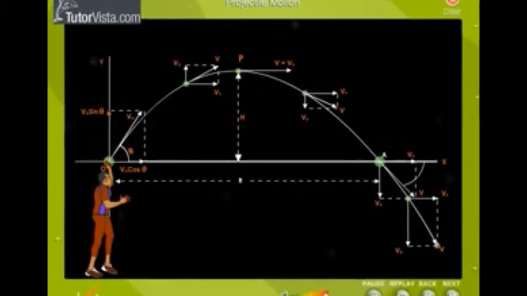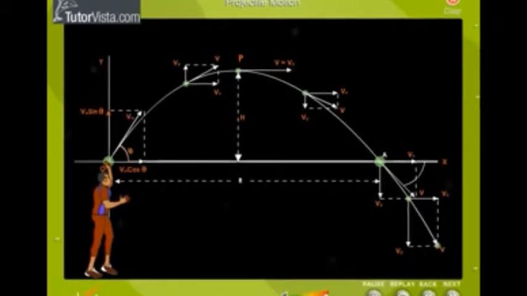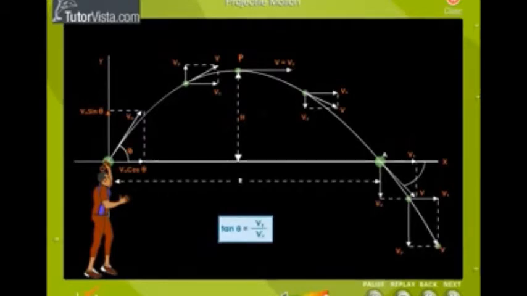The direction of the projectile at any instant is given by the angle between the velocity vector and the horizontal. Tan theta is equal to vy divided by vx.